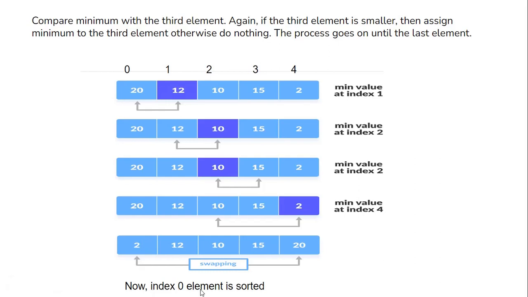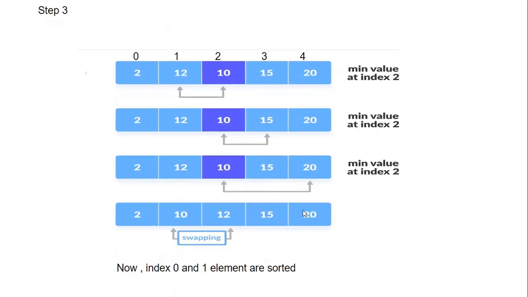Now the index 0 element is sorted. So the index 0 subarray is sorted, and indices 1, 2, 3 and 4 are the unsorted array. Step 3: Assign the first element of the unsorted array as minimum and compare with the second element.